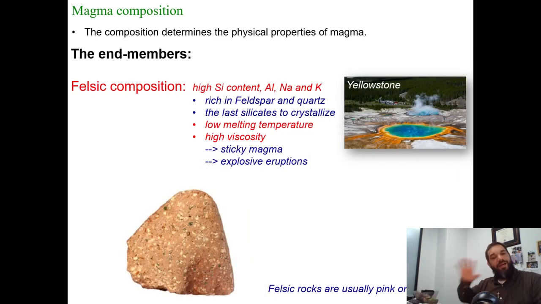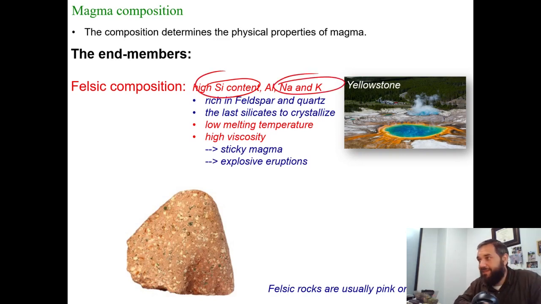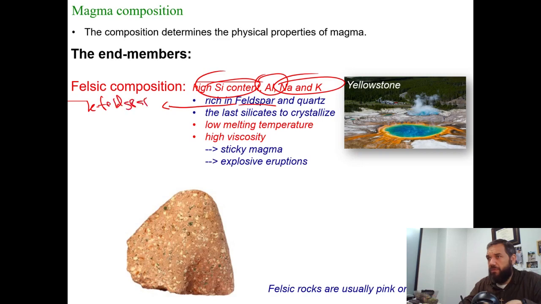Okay. On the other hand, the other extreme, you can have felsic rocks. Now, felsic rocks are going to be high in silica, high in sodium and high in potassium. And sometimes they have some moderate aluminum content. Now what kind of minerals are you going to have in these? You have feldspar, a lot of feldspar. And by the way, in particular this is a potassium feldspar. So there is going to be plagioclase feldspar, but it's going to be especially rich in potassium feldspar and quartz.